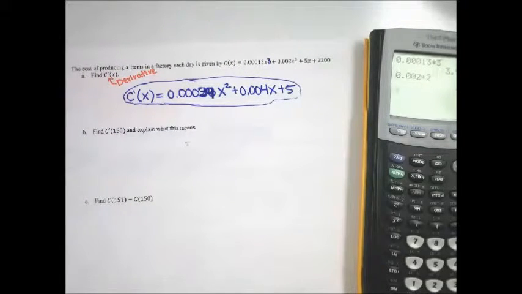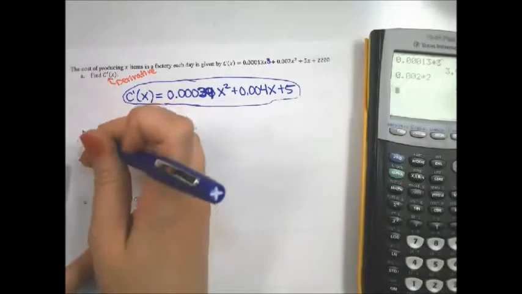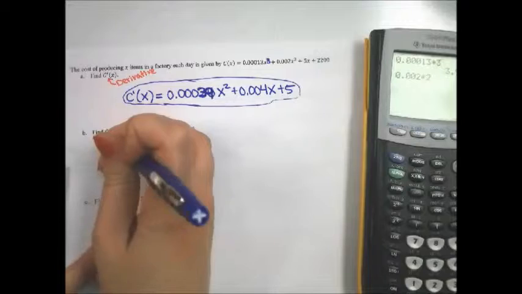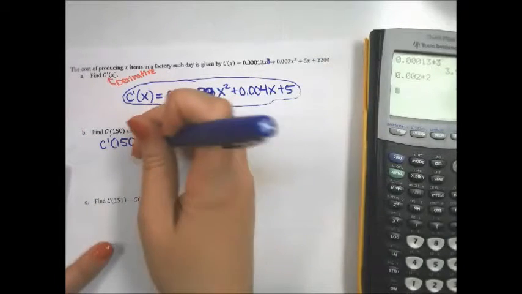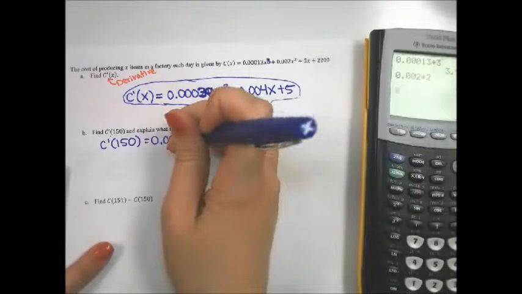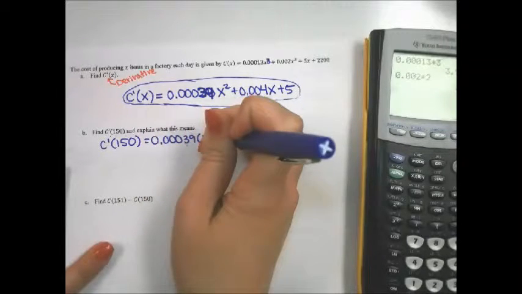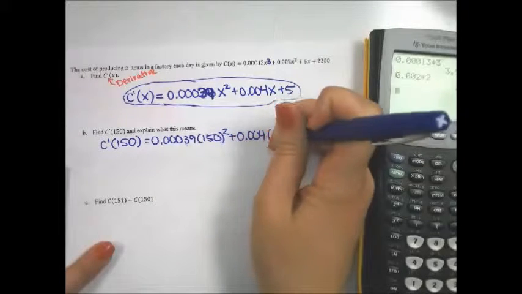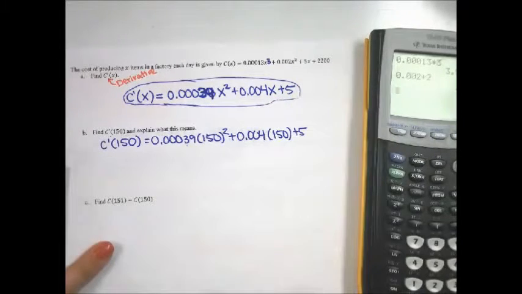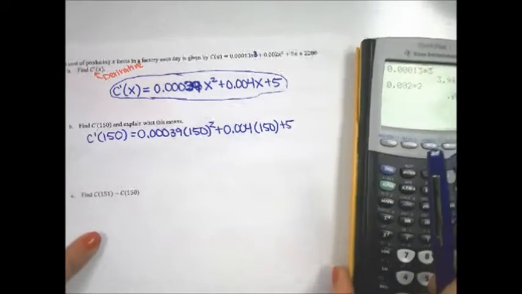So find C prime of 150 and explain what this means. So we want to take 150 and plug it in there. Since it says C prime, it wants us to plug it into this derivative function. So there's our derivative function.